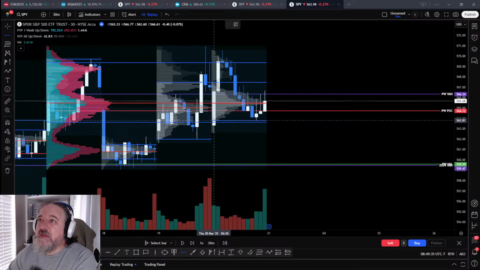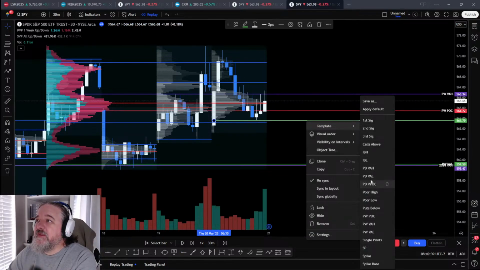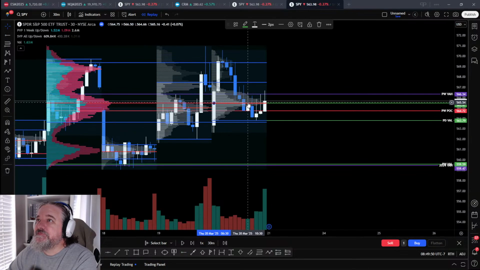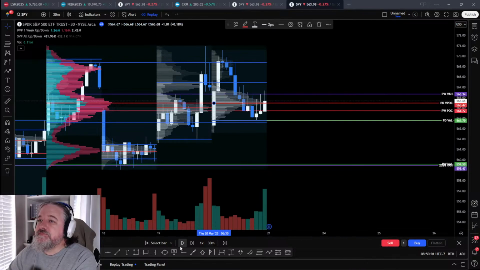We would go previous day value area low, previous day POC, and then previous day value area high.